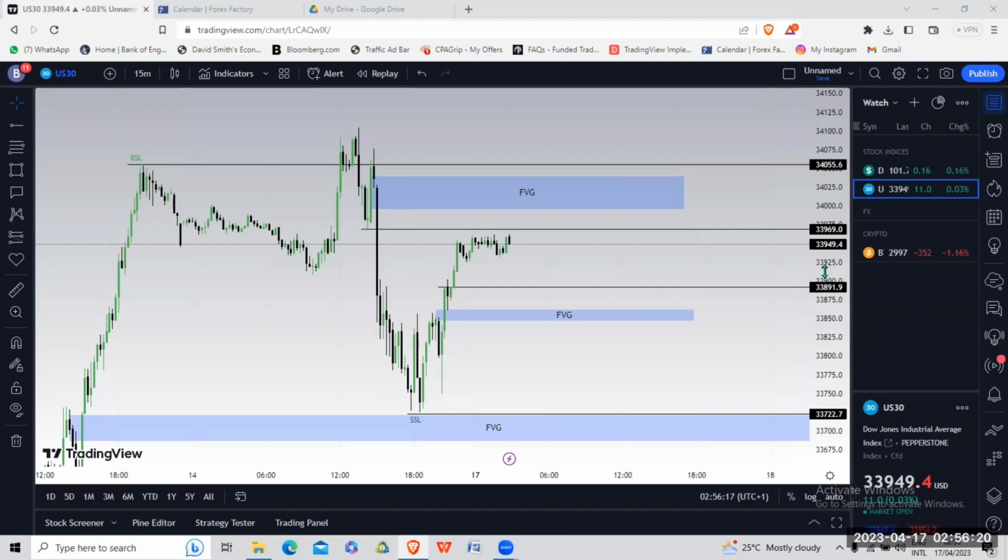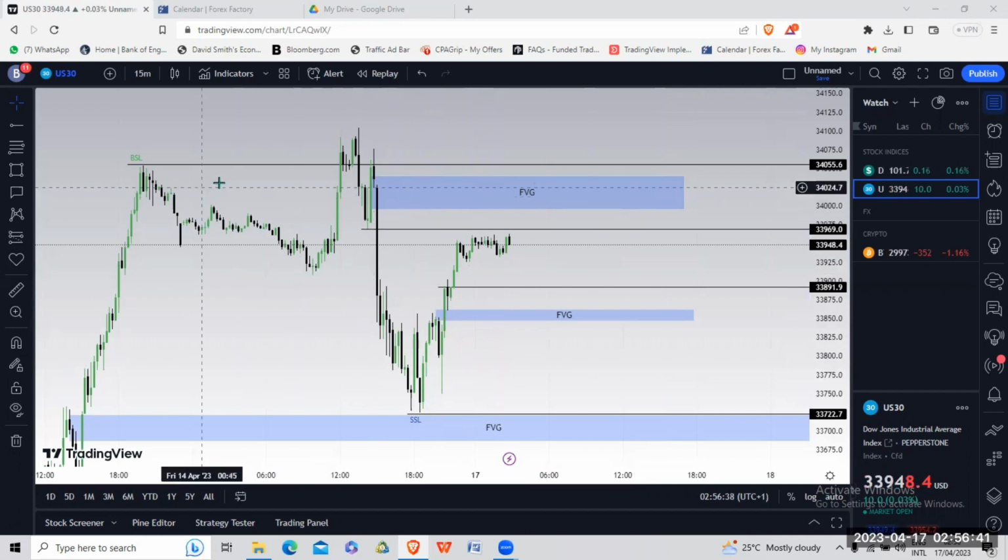Okay, so the market is really not trading so much because it's Asian session currently. But I just want to draw your attention to what's happening on the chart before the market opens.